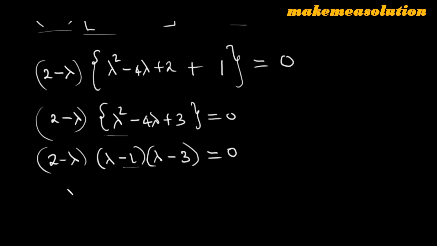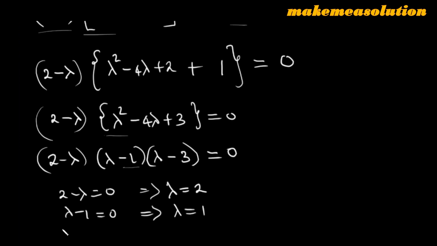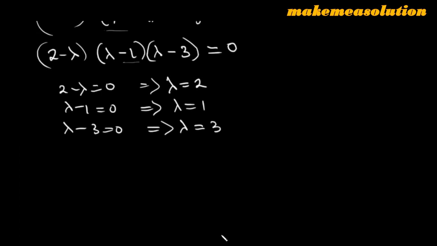So with this, we have 2 minus lambda equal to 0 implies lambda equal to what? 2, or lambda minus 1 equal to 0 implies lambda equal to 1, and lambda minus 3 equal to 0 implies lambda equal to 3. So our eigenvalues are lambda 1 equal to 1, lambda 2 equal to 2, and lambda 3 equal to 3.